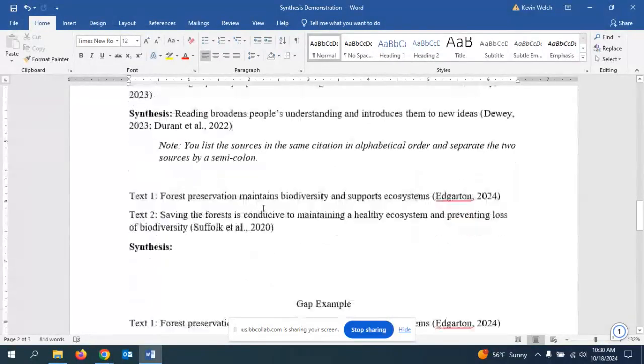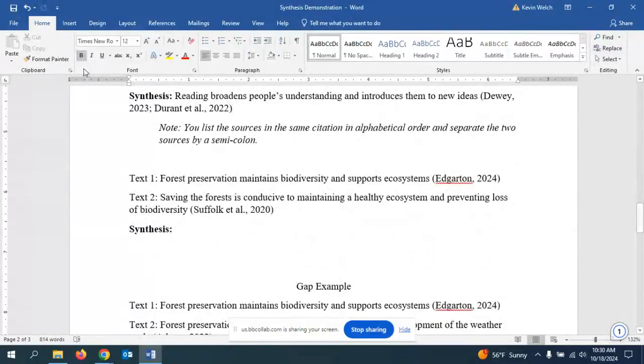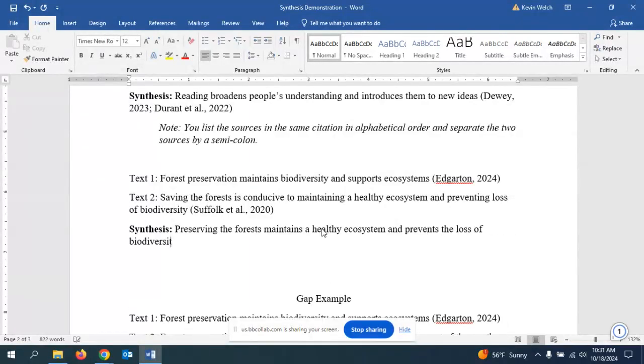Okay. So if you were to do this next one here, forest preservation maintains biodiversity and supports ecosystems. Saving the forest is conducive to maintaining a healthy ecosystem and preventing loss of biodiversity. We could say something like preserving the forest maintains a healthy ecosystem and prevents the loss of biodiversity.